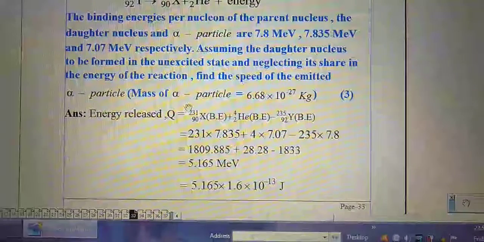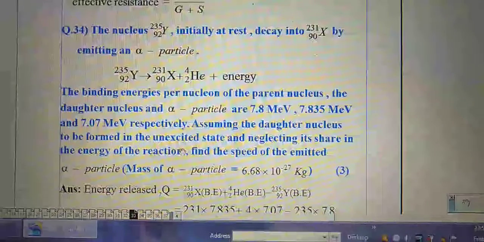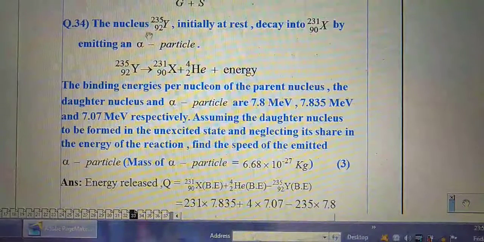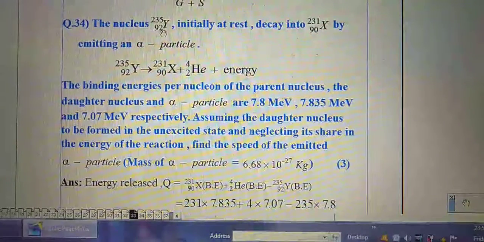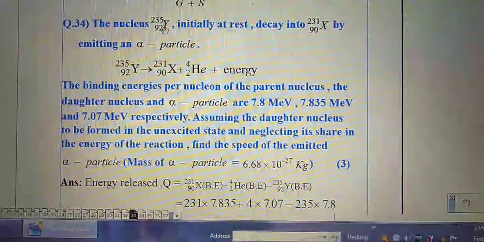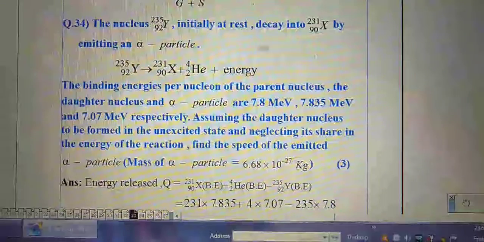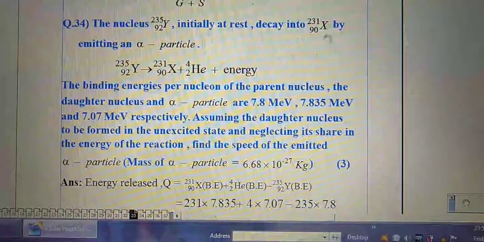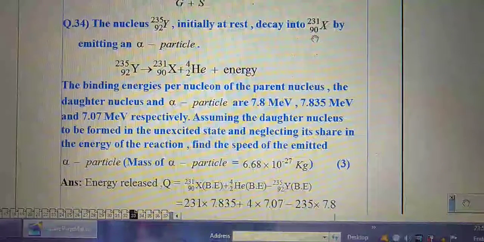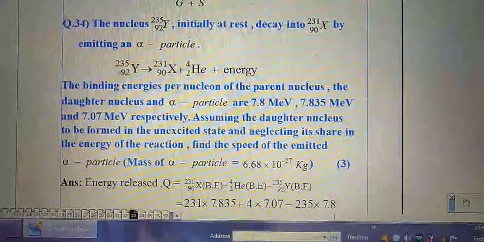Next question: the nucleus of mass number 235 and atomic number 92, initially at rest, decays into another element X whose mass number is 231 and atomic number is 90, by emitting an alpha particle.